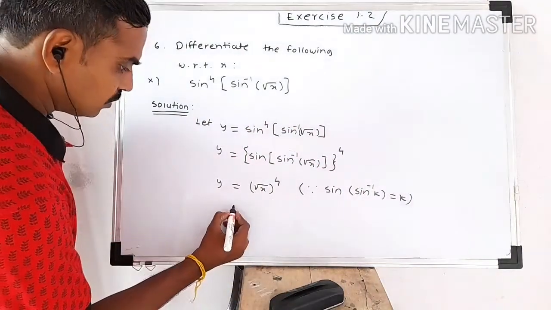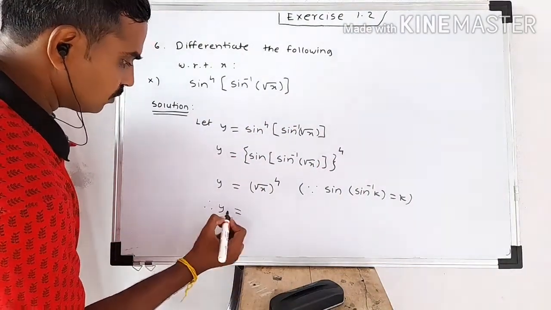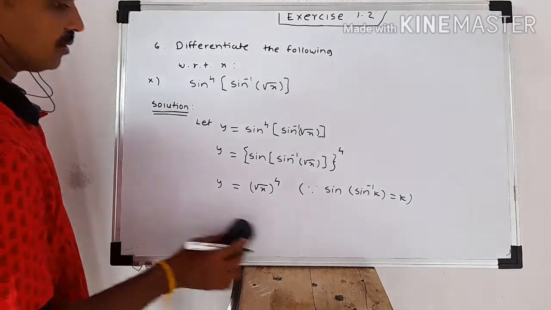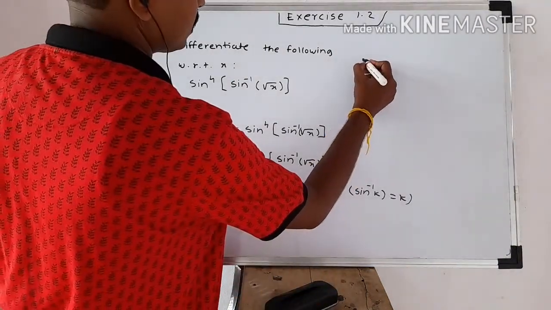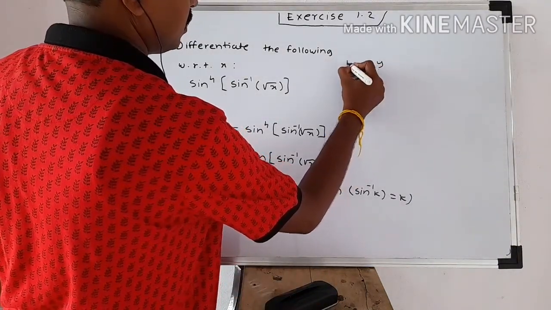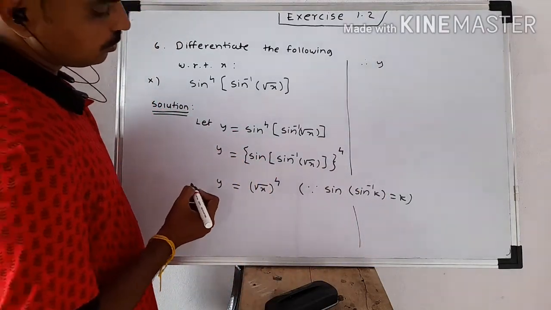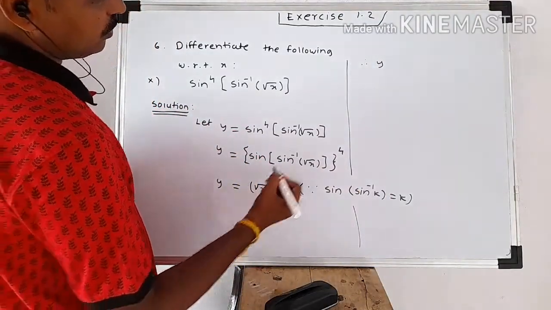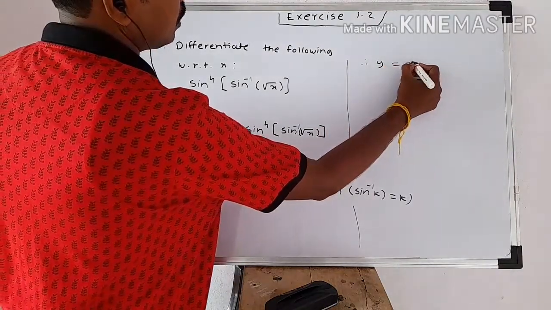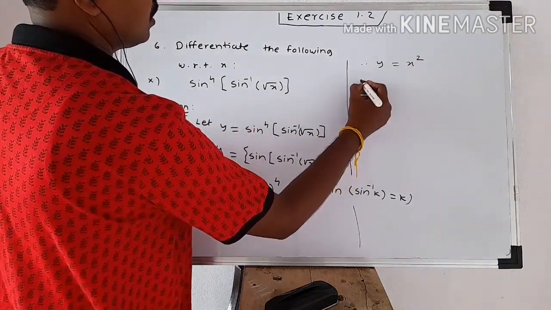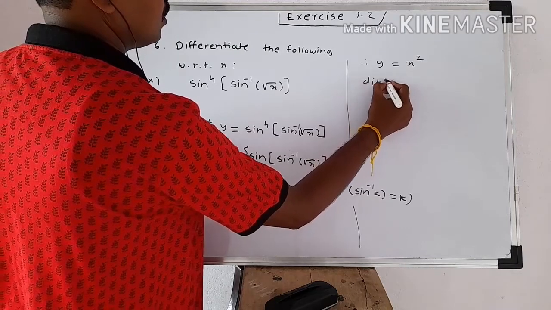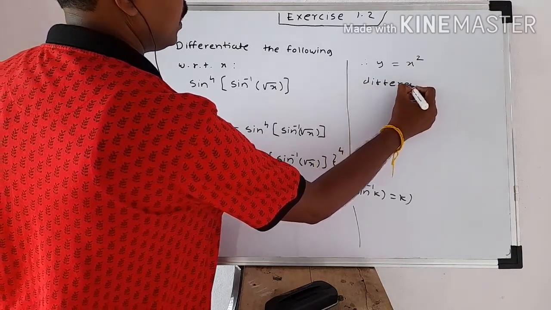Now what will be the 4th power of root x? The square of root x is x, and the 4th power of root x is x square. Now this will be the simplified form for y.